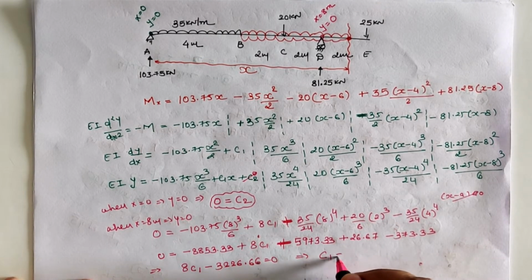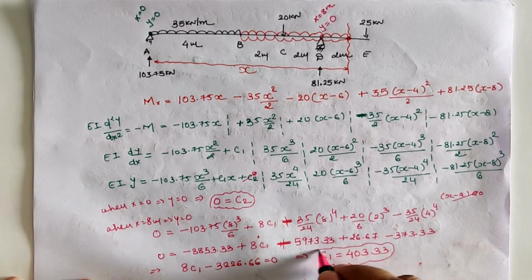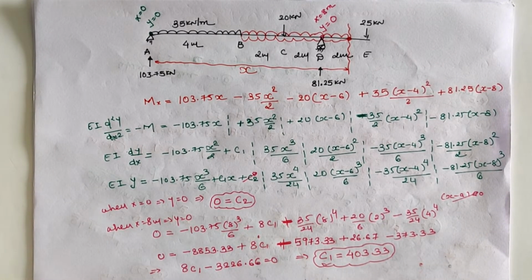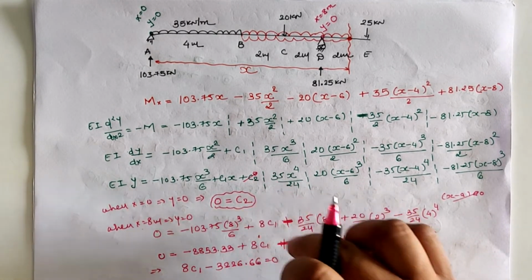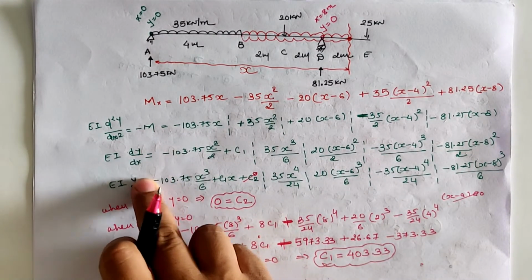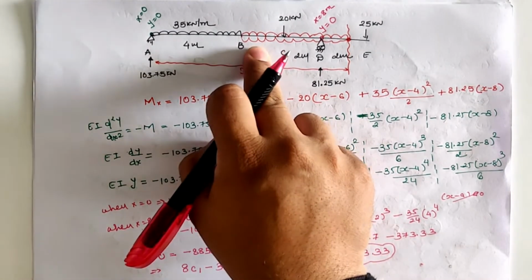the value for c1 as 403.33. So using the boundary conditions we have the integration constants c1 and c2. Let us put this c1 and c2 in the equations of slope and deflection and reform them as the final equations for the given beam.